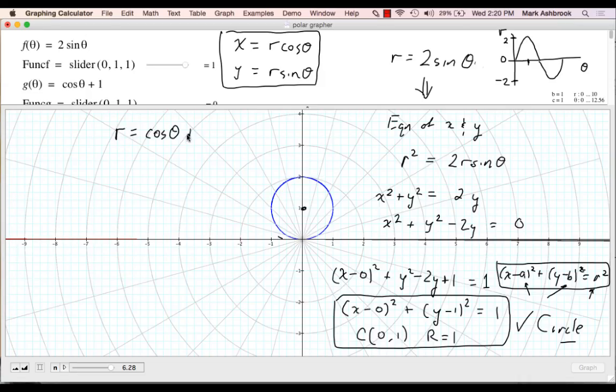How are we going to start doing this? Yeah, so we need to know how to sketch cosine theta plus 1 in rectangular coordinates, then we're going to use that graph to help us sketch the polar graph. So can you sketch that in rectangular coordinates first?